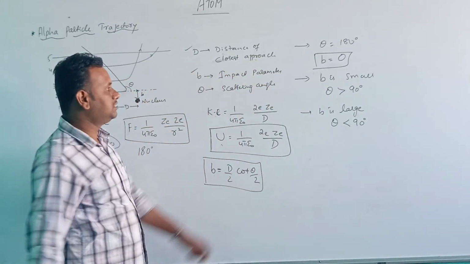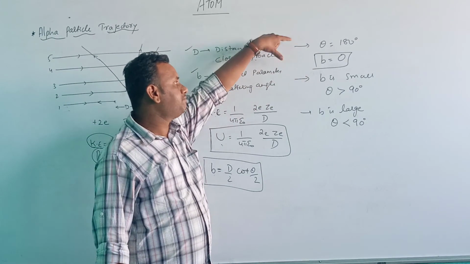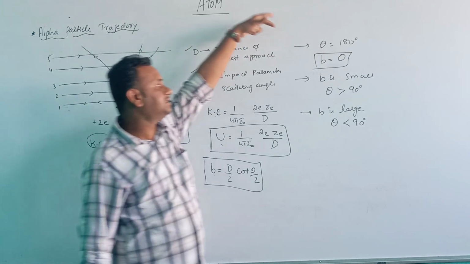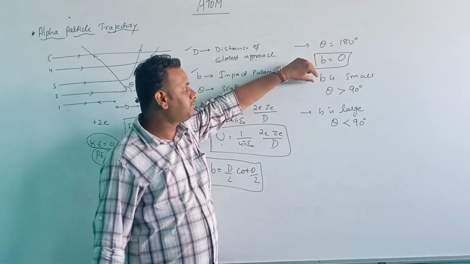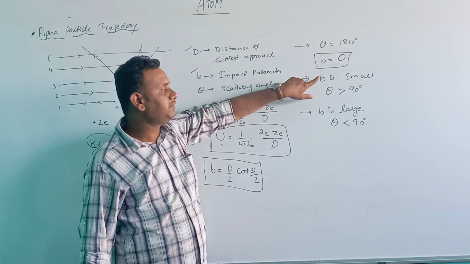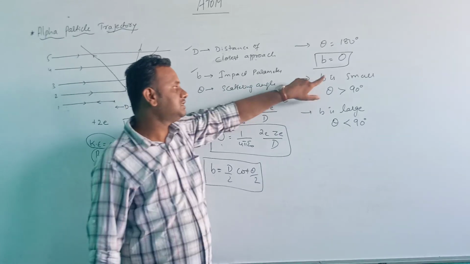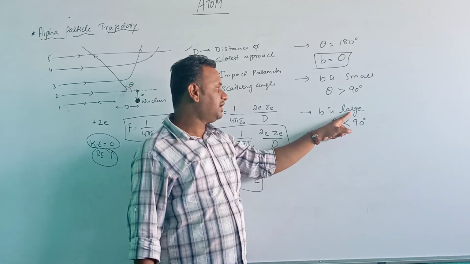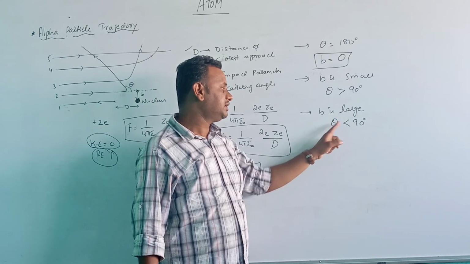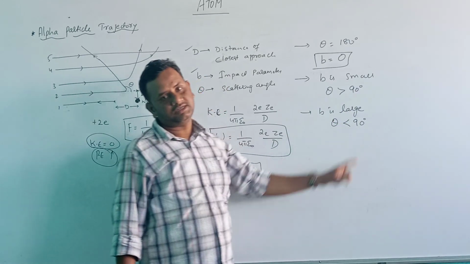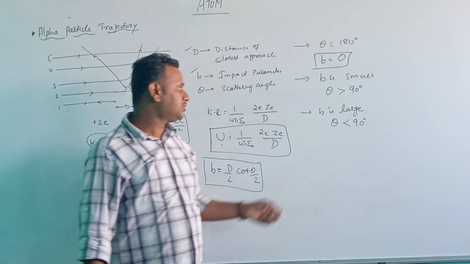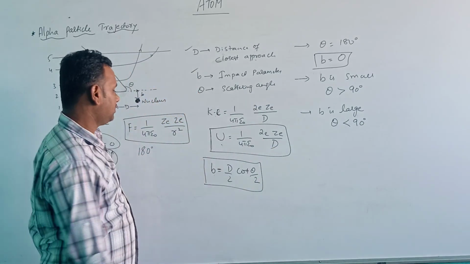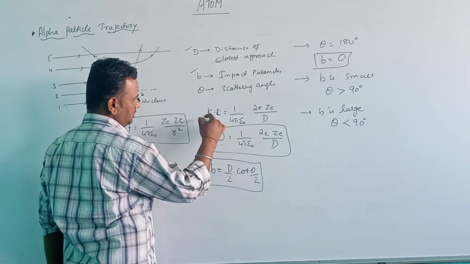So these are the points you should remember. The impact parameter becomes 0 when theta is equal to 180 degrees. Here b means impact parameter. b is small when theta is greater than 90 degrees, and b is large when theta is less than 90 degrees. These are the important points you should remember, and also you should remember these equations.